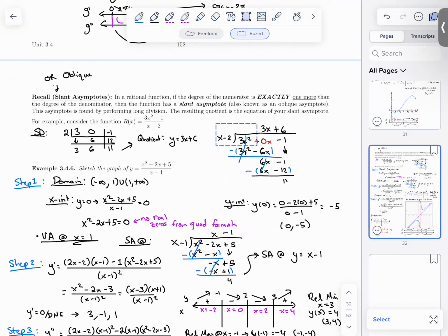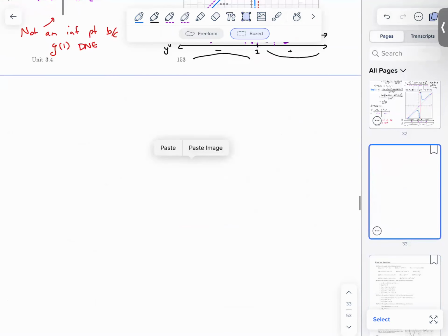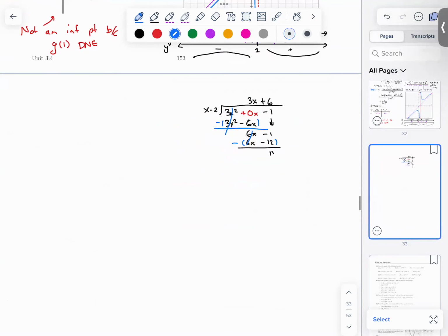So let's look back at this example right here. Let's grab this, copy, and let's show it right down here. So we had y equals 3x squared minus 1 divided by x minus 2.